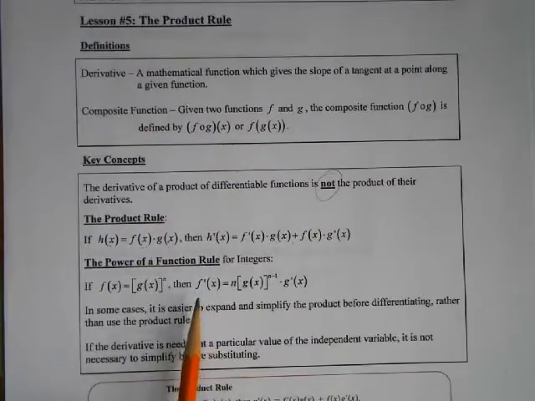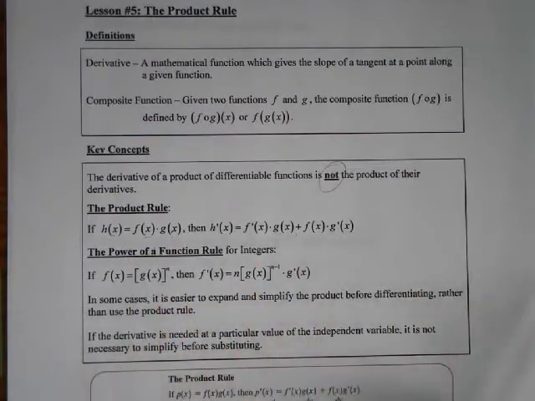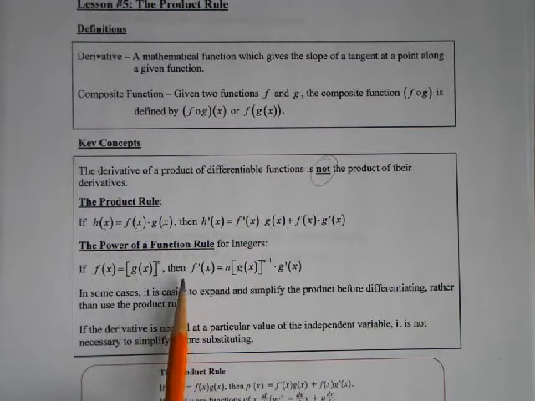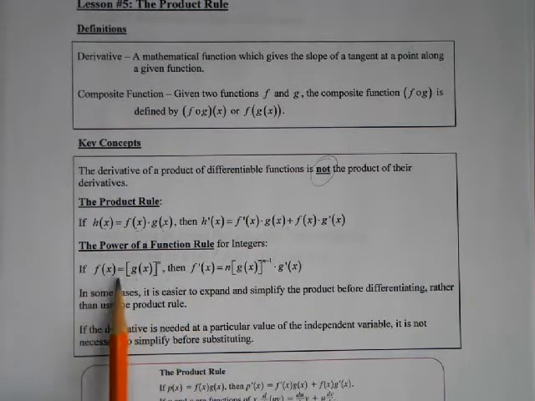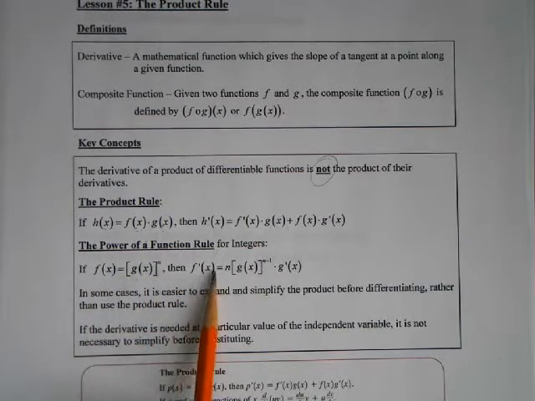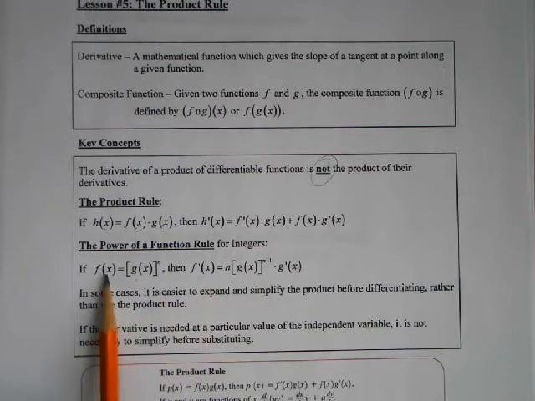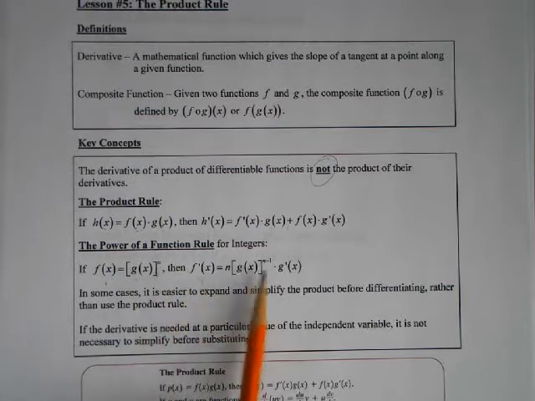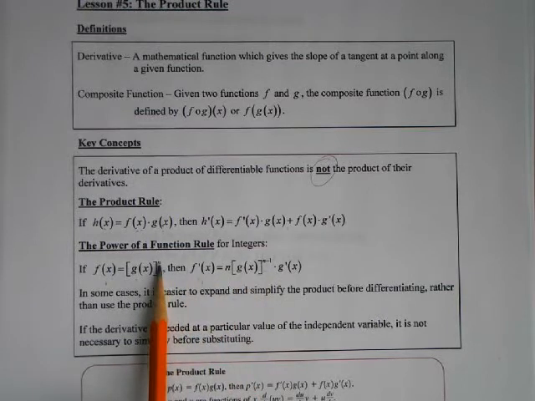Now this one here, we've kind of seen this already when we did the chain rule. So if f of x was g of x to the power n, then the derivative f prime of x is equal to, and this time we're looking at the exponent there.